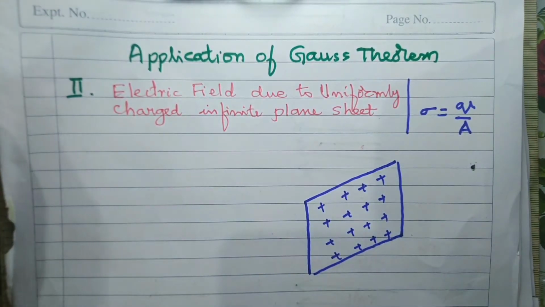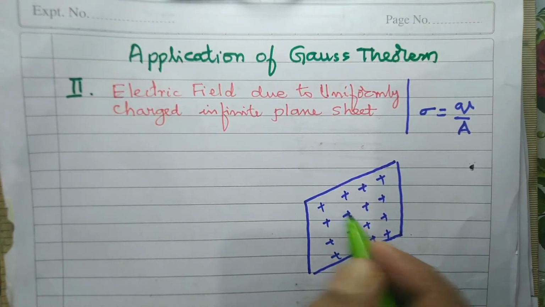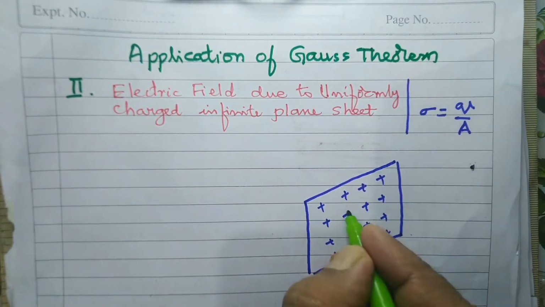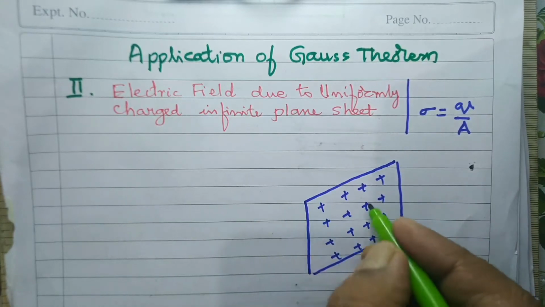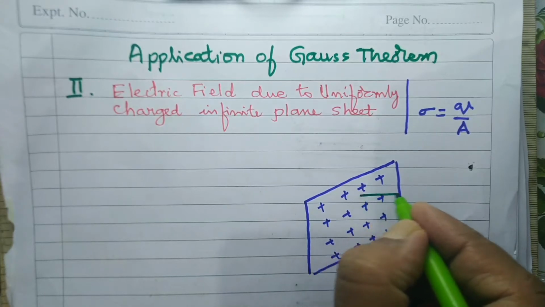Now let us consider one Gaussian surface through this. If you observe carefully, this is a positive plate, so electric field will be there in this direction and also in this direction. Both sides electric field will be there. For that we consider a Gaussian surface. To consider a Gaussian surface, what I do is that I will take up like this.